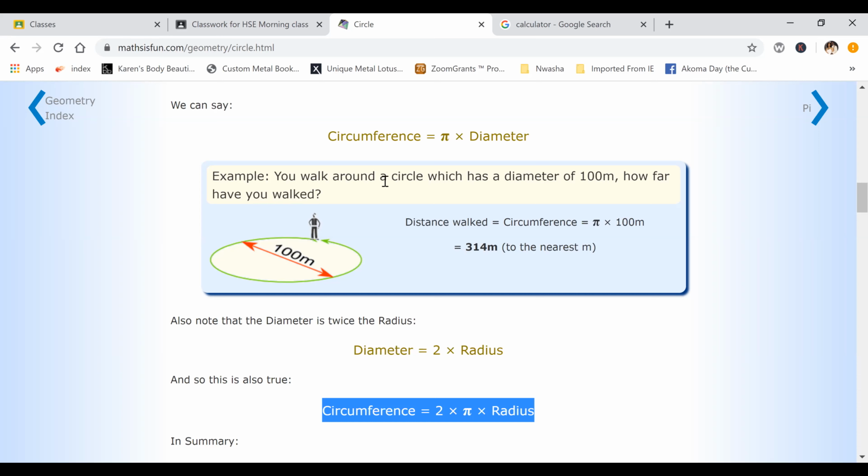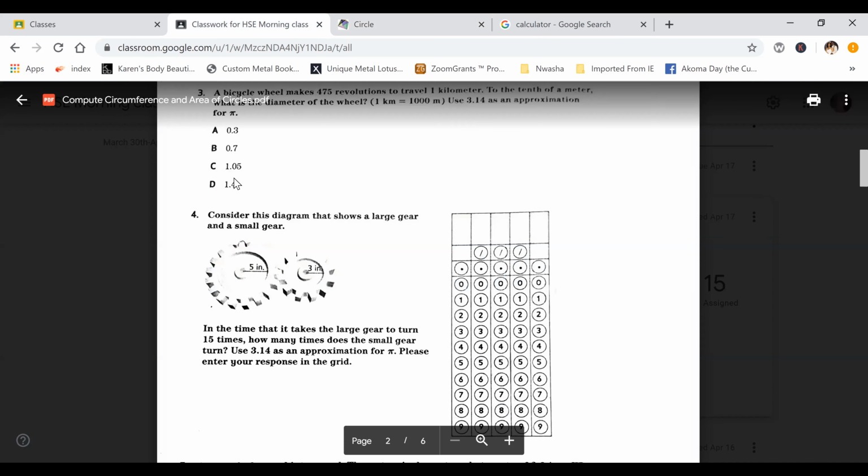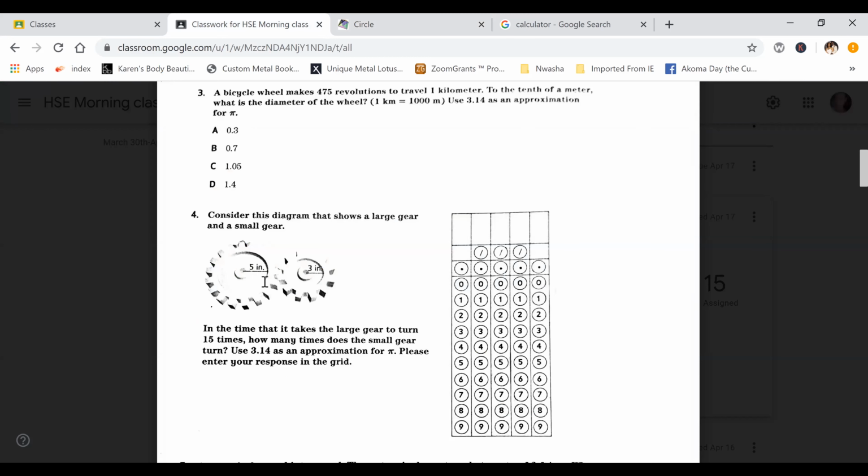So when I remember pi r squared, I'd rather do the r squared than 2 times r, because they're so similar that I think I might mix them up. So what I do is I only memorize this one, pi times d. So even if they give me the radius, they give me the r, I just double it and use the d anyway, because it makes it simple for me to memorize.